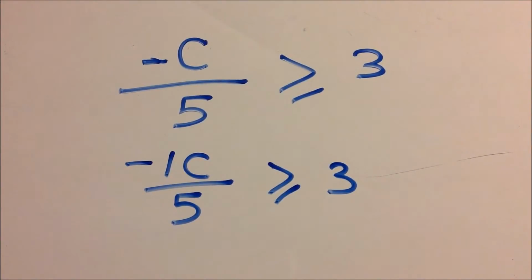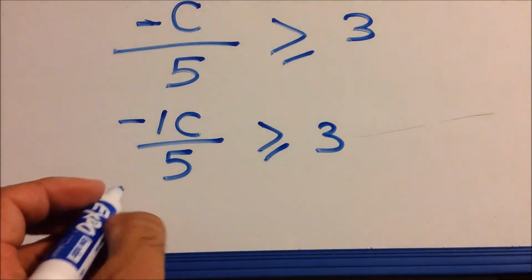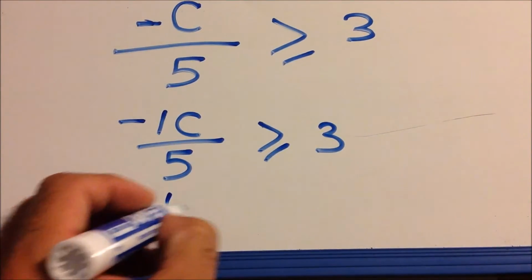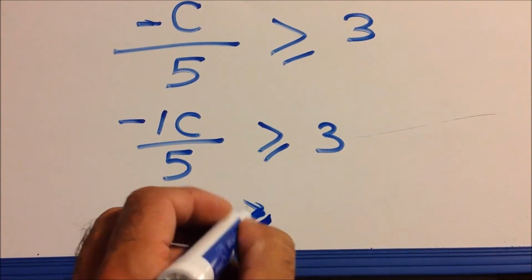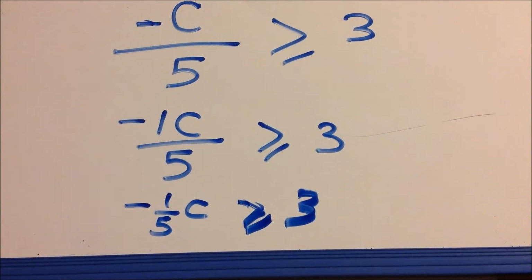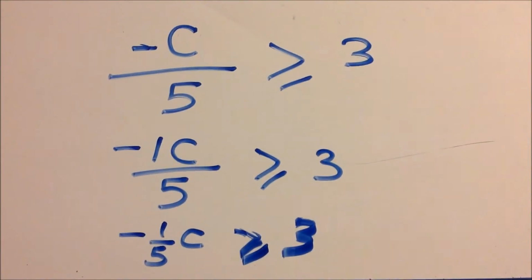So what's the next step? What you have then is -1/5 c is greater than or equal to 3. And you divide the -1/5 on both sides. So try that and see what regular c is.